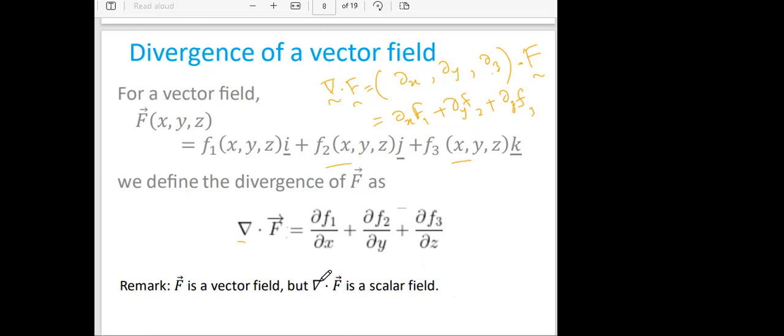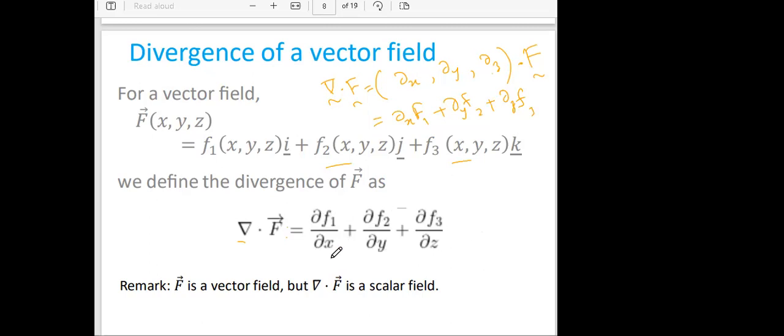Once you have that product, it always gives you a scalar, because f is a function of x, y, and z, so this is a scalar-valued function. Here we have some relationship between x, y, and z.